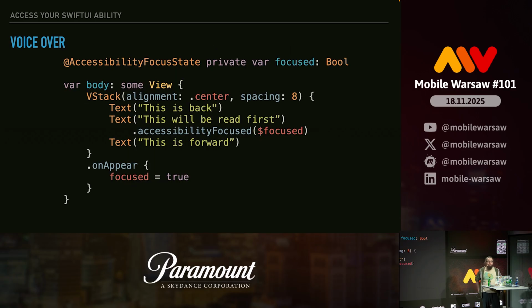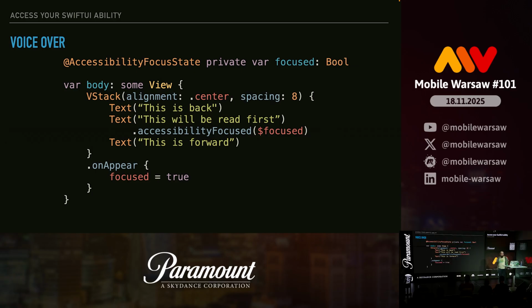A better way to have a dedicated starting point for your VoiceOver experience is to use a property wrapper called accessibility focus state. That's a mouthful of a name, but it works very similar to the focus state property wrapper that we use, for example, for text fields.